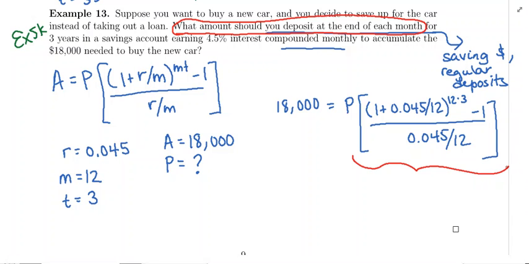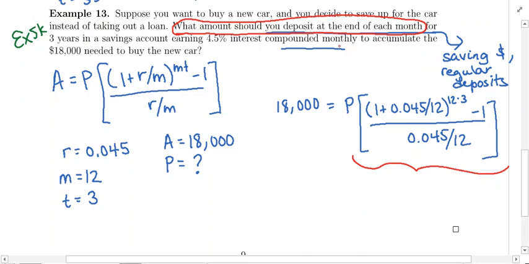Remember what I told you in the last example: when you're punching this formula into a calculator, you want to start with the most complicated part first, and then work from there. If we're going to enter the quantity that's in brackets, the top is definitely more complicated than the bottom. So we're going to enter the top into the calculator, get that number, and then once we have it, we can divide by the denominator.